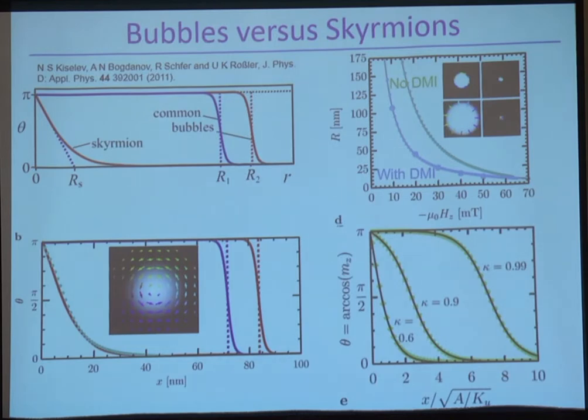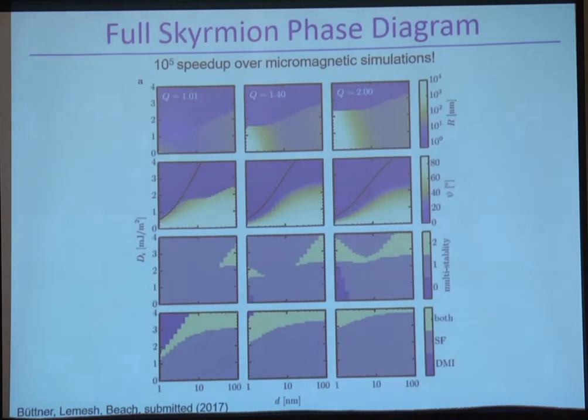In fact, one can continuously tune this thing to this thing, just by applying a magnetic field or by tuning material parameters continuously. So this is a very sharp core object, and just by changing the ratio of anisotropy to DMI, you can continuously go to something like this. So I think mathematically it's much more difficult to distinguish between what is a skyrmion and what is a bubble in any kind of reasonable way.